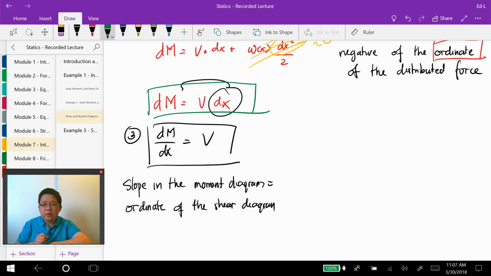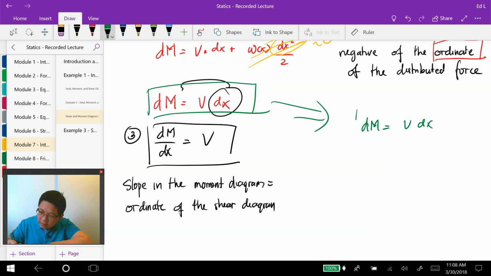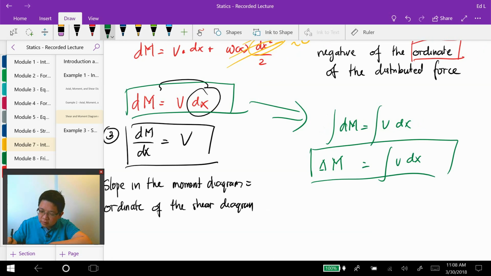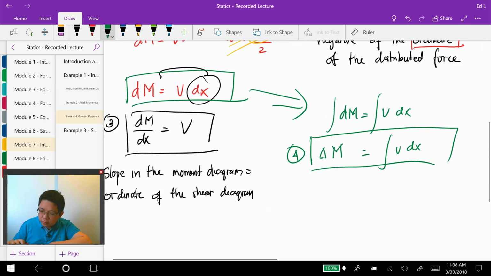And then I can further use this expression, dM equals V dx, and take the integrations on both sides. I obtain that the change of the moment is equal to this integration, and basically this is our fourth rule.